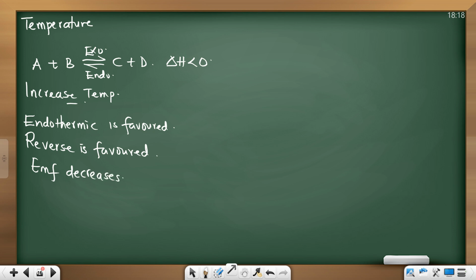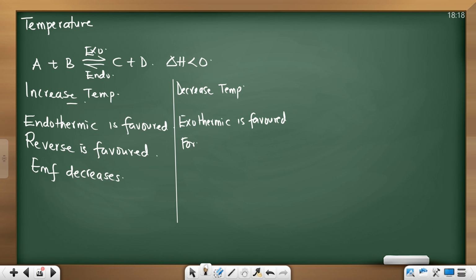If we decrease temperature, these are some good notes that I'm giving you. If we decrease temperature, what happens? The exothermic is favored. The forward reaction is favored.